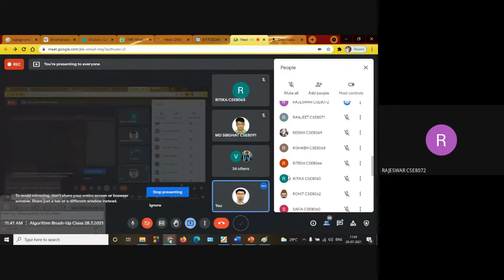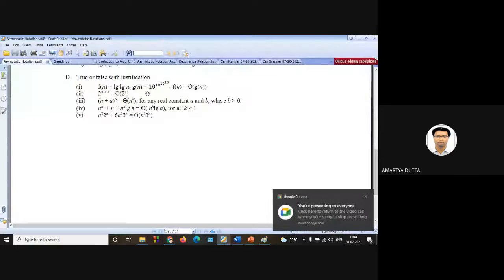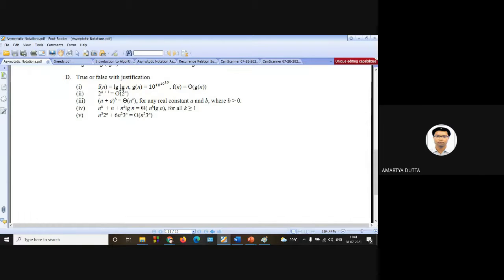Because Gn is constant. While comparing any two functions, any n number of functions, comparing means you are just inserting the asymptotic notations over the functions. That is, one function is a lower bound of another, one function is an upper bound of another, or one function is a tight bound of another.